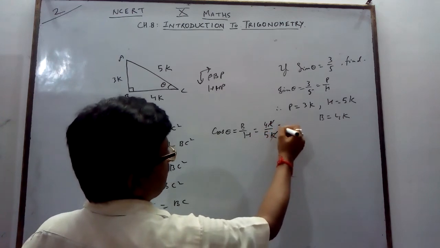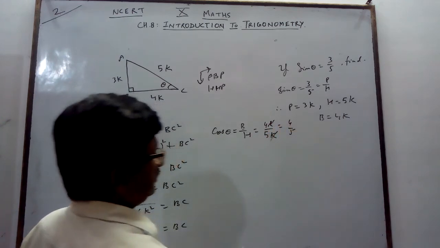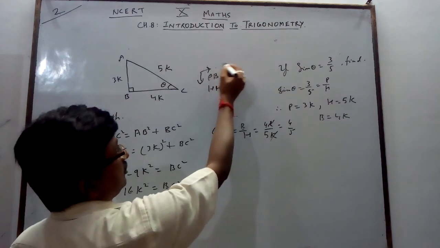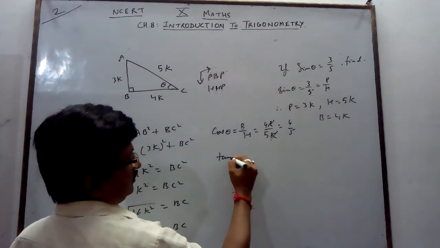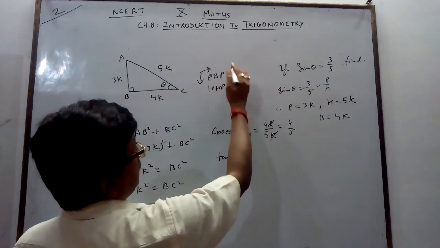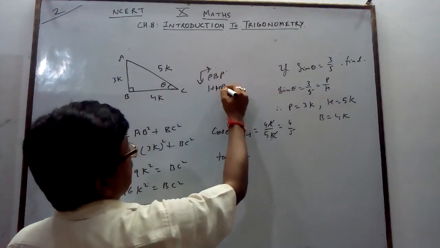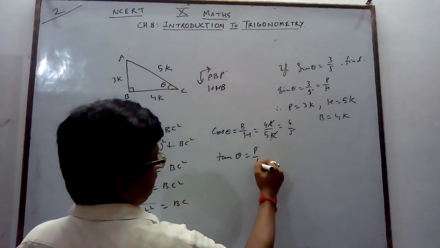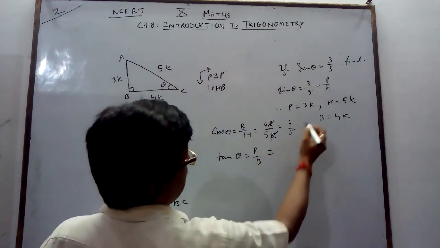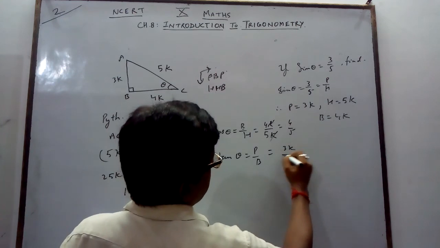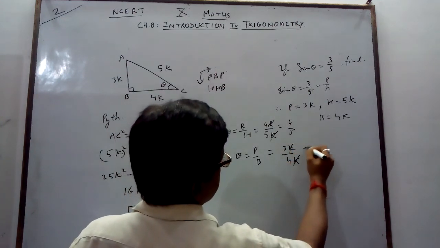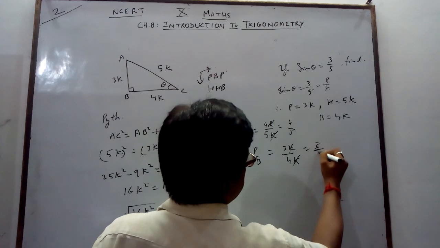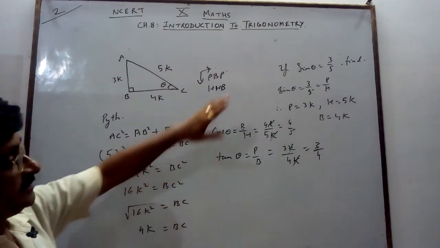K and K cancel. Your answer is 4 upon 5. Then tan theta is P by B, which is 3K and 4K. K and K cancel. What is your answer? 3 by 4. Now you have got sine, cos, tan.